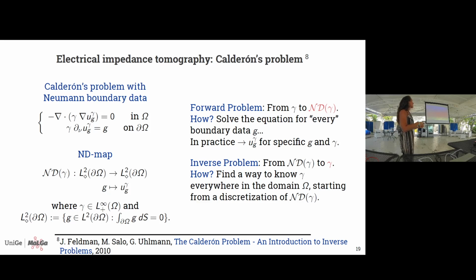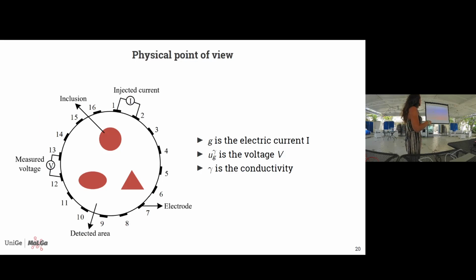In fact, we do not have the whole Neumann to Dirichlet map, but only a discretization of this map, because we can't know the map for every G. We have a finite number of these boundary data G, and we know only a discretization of this Neumann to Dirichlet map. In practice, we have this structure.